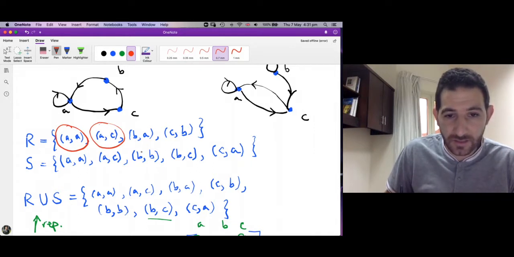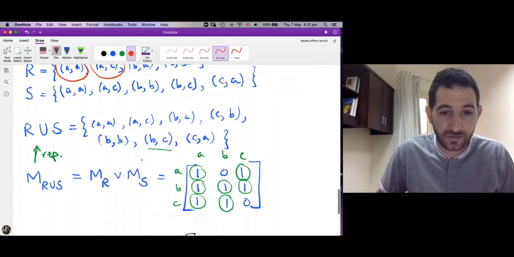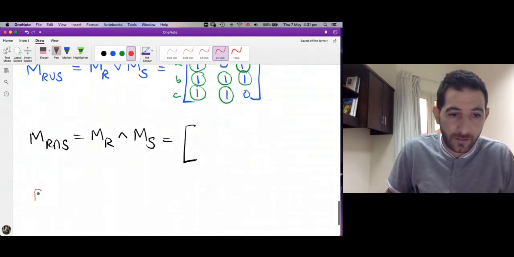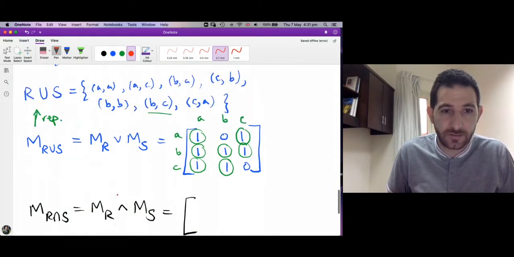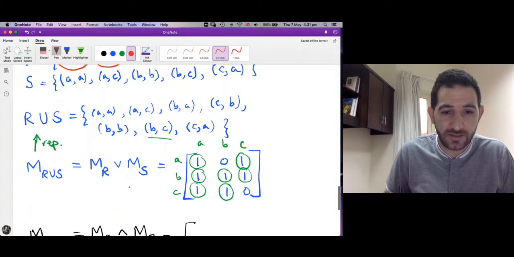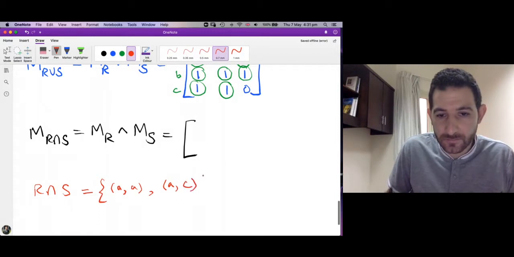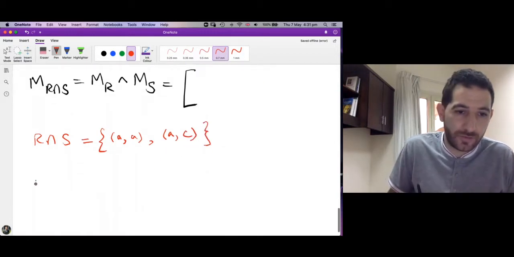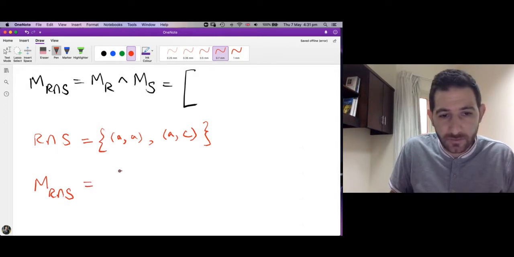And what else? BA, no, and CB, no. So we only have 2 ones. So notice that R intersection S only has 2 pairs, right? They are AA and AC.